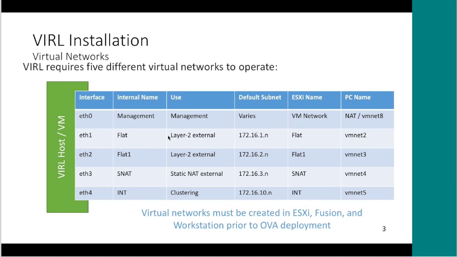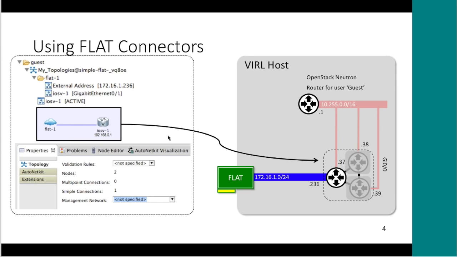So how does that all come into play? Well, first let's look at how we use the flat connector. The flat connector, as we saw originally, is our gateway out. It's the link in between the virtualized and the physical.